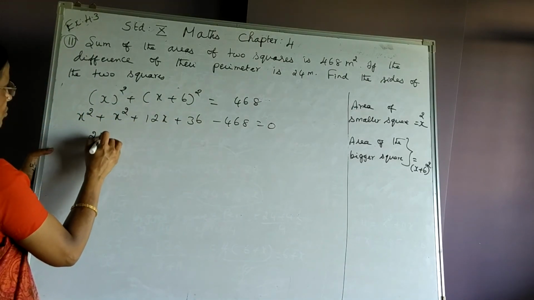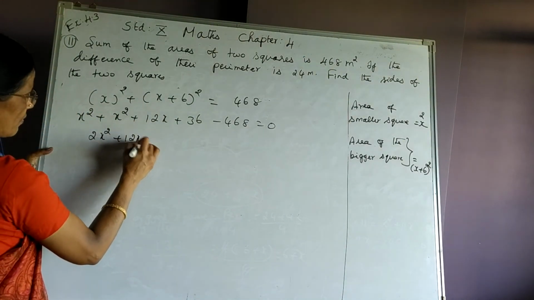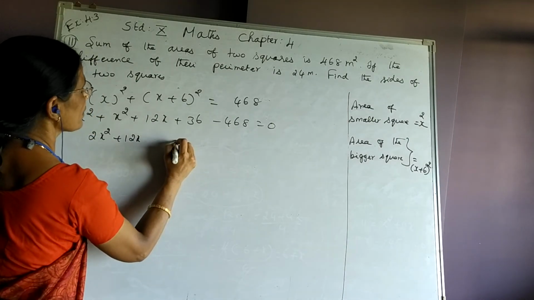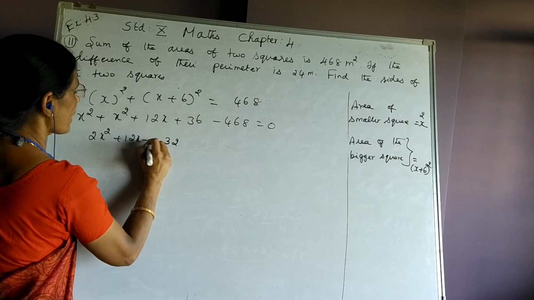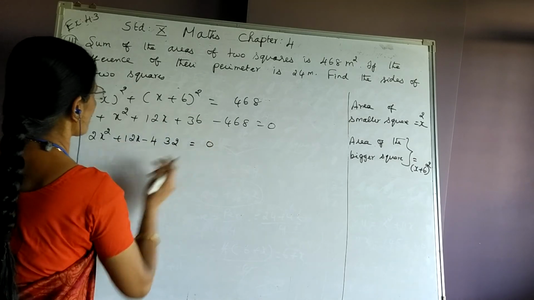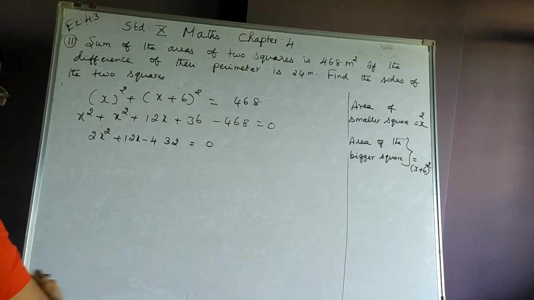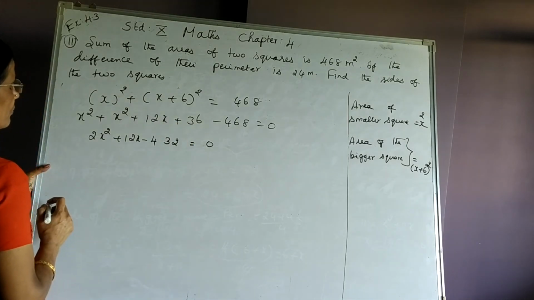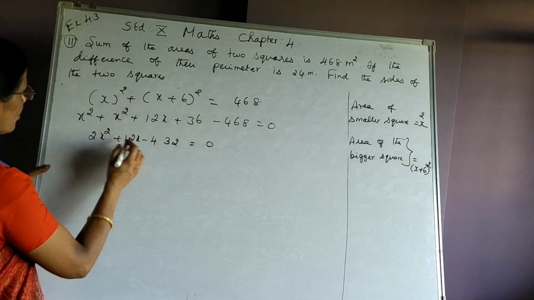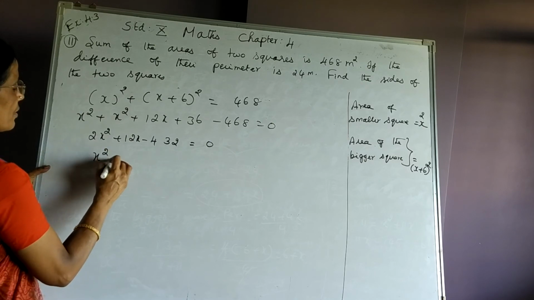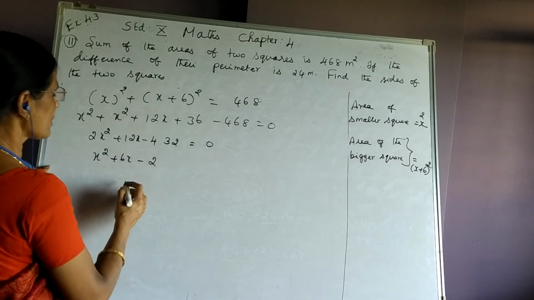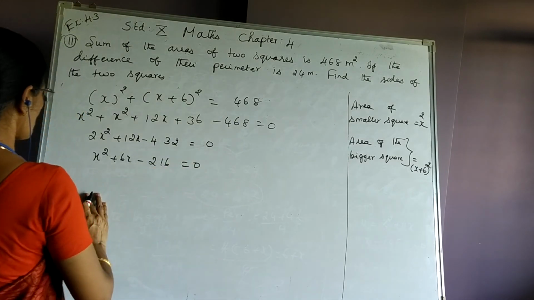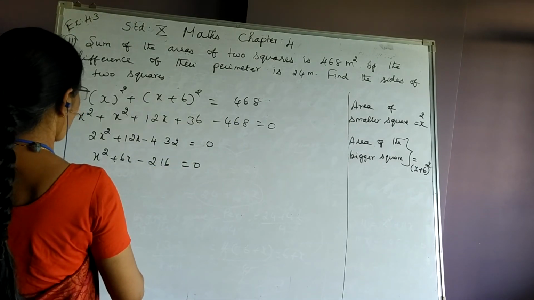So it is 2x square plus 12x plus number and minus number. Subtracting, we get minus 432 equal to 0. All the terms are divisible by 2, so we divide each term by 2. We get x square plus 6x minus 216 equal to 0.